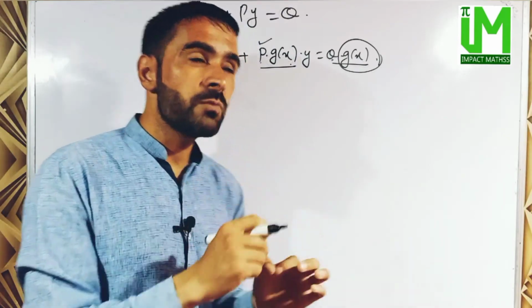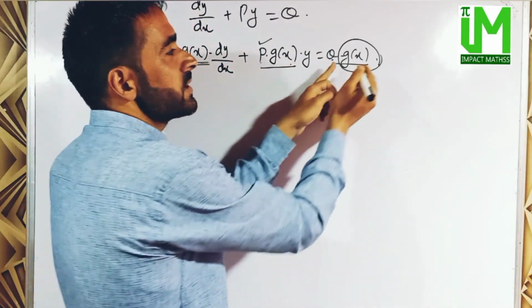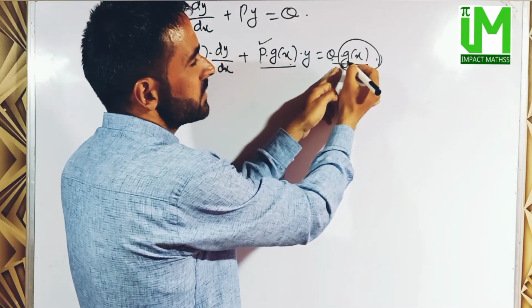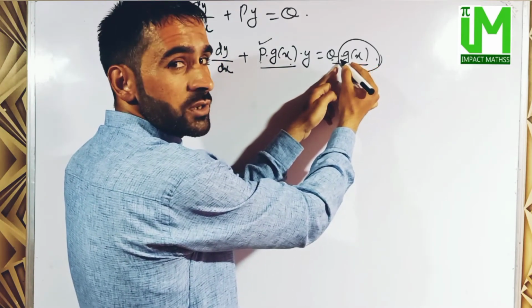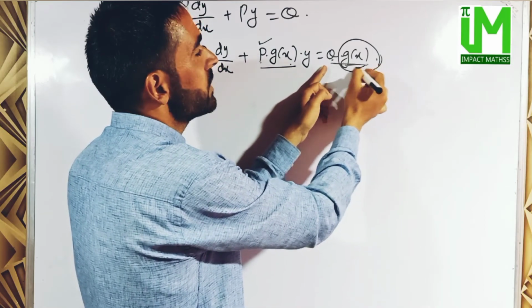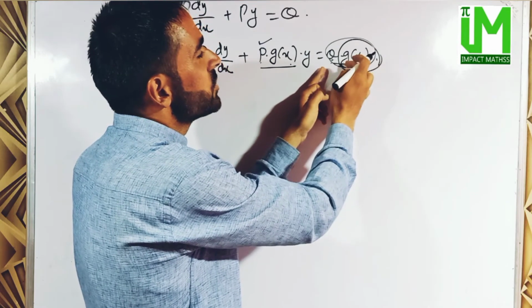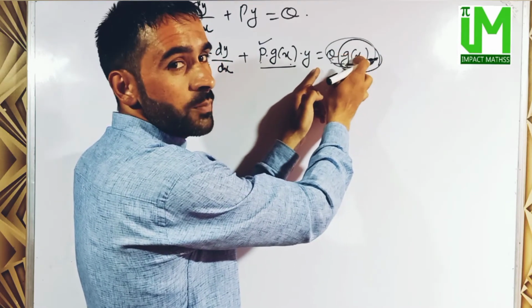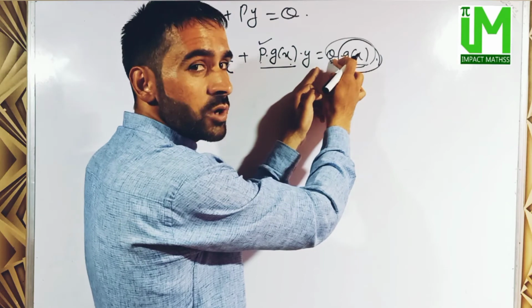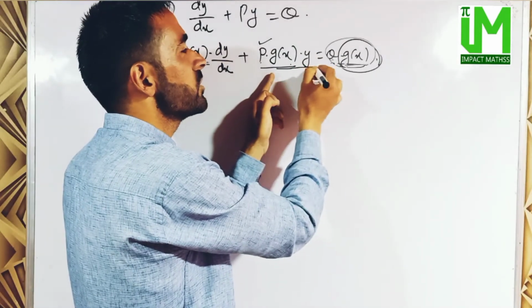But यहाँ पे जो main focus अब g of x select करने का रहेगा, that is कि g of x एक ऐसी function होनी चाहिए such that जब हम g of x into q का आपस में multiply करें, यानी g of x has to be selected in such a way that g of x into q, ये function जो है this has to be the derivative of y into g of x.